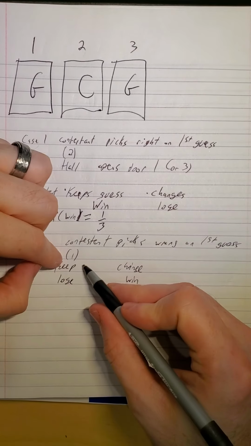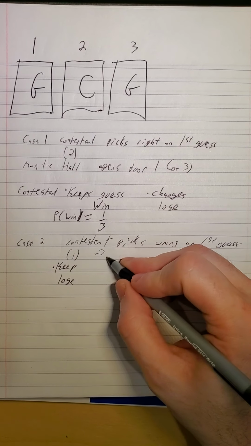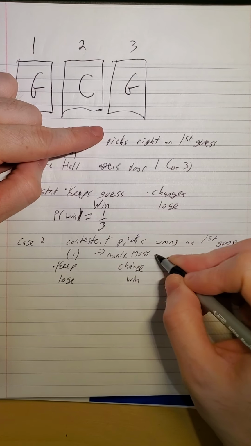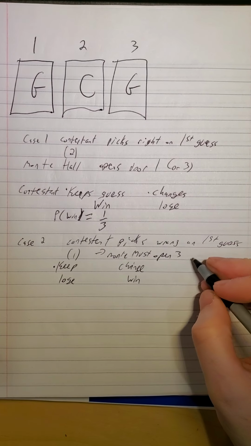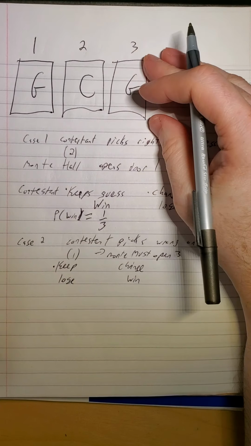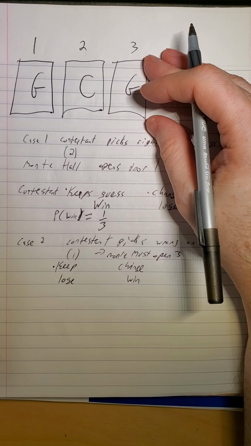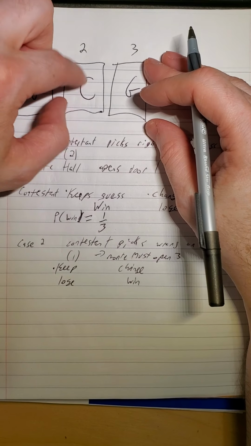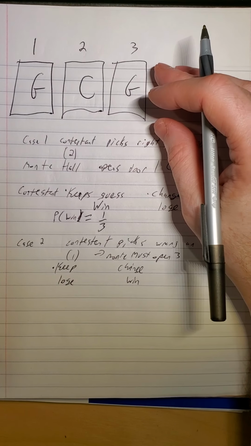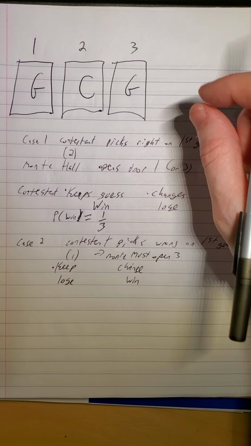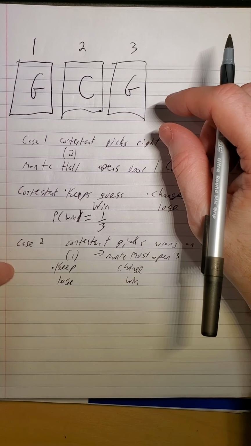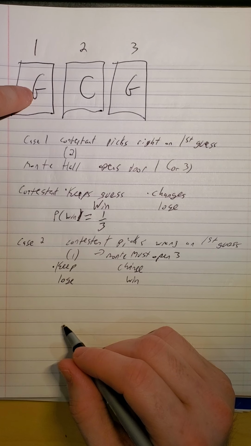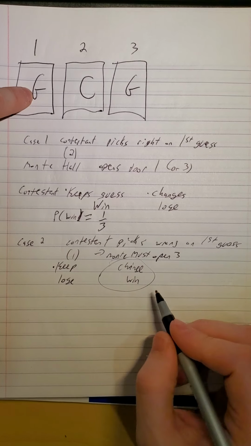So they've guessed door number 1. In that case, Monty must open 3 and show the goat. They keep their door, they will lose. They change their door, they'll win. In other words, what's easy to miss is this key here.